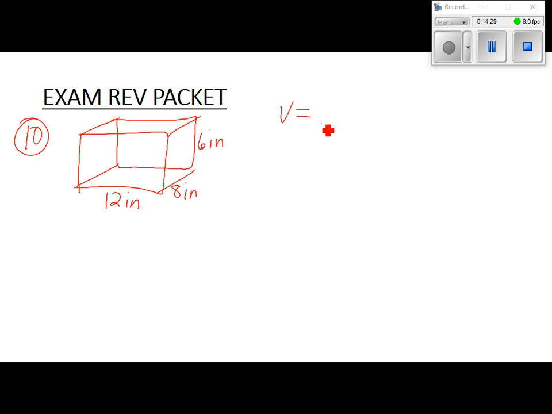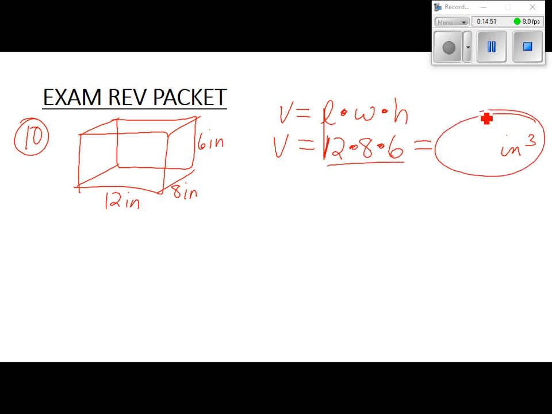Formula for volume of a rectangular prism is length times width times height. So all you got to do on that one is 12 times 8 times 6. Whatever you get there, your answers have to be in inches cubed. So you punch that into your calculator and you fill in your answer there. That's for volume. That's actually the second answer.